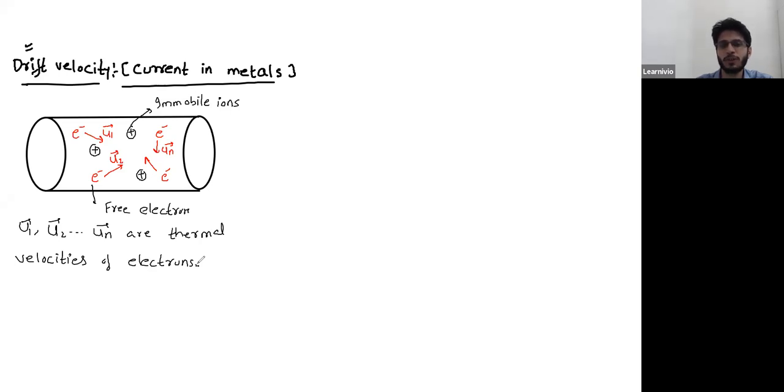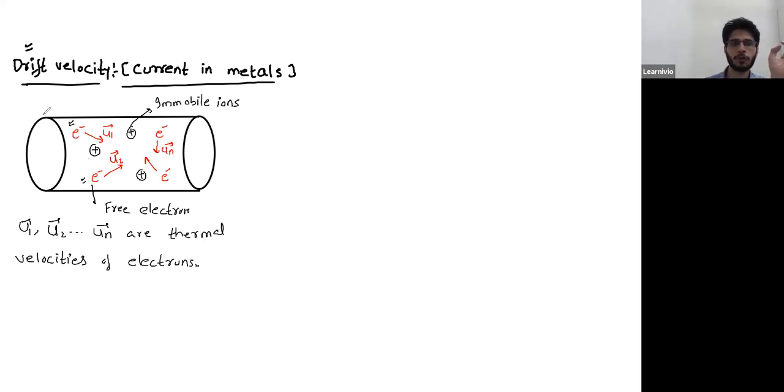See, understand what you're saying. You're saying that if I take a piece of copper wire that I have not connected to any power supply, still there will be a current in the copper wire. No, there won't be. Actually, if I look at an individual electron, then you are correct. If you look at this at the level of an individual electron, then yes, there is current, because current is flow of charge. Electrons are moving, that means there is current. But the net movement of all the electrons is zero.